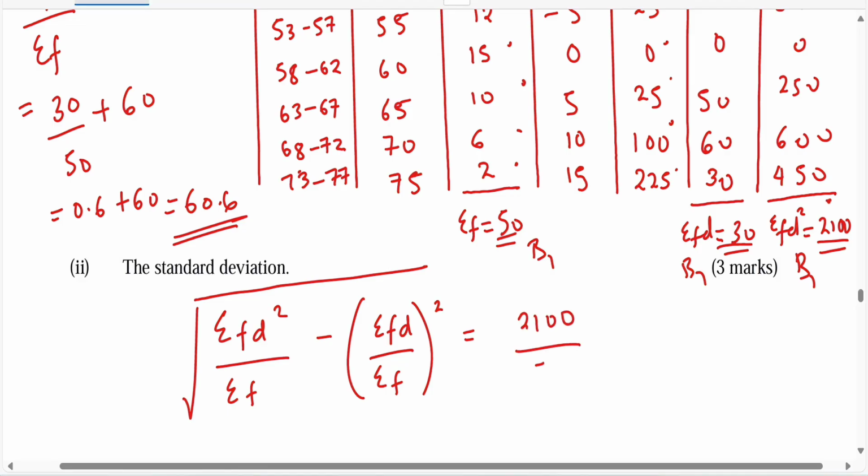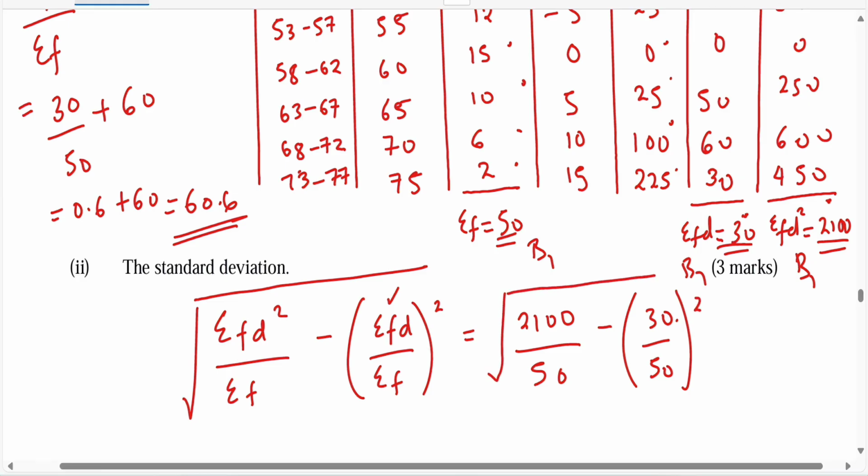Divide by sum of F, which we also have, it is 50. Then minus, remember, sum of FD is not sum of FD squared. Sum of FD itself is 30. So 30 divided by sum of F, which is 50, but remember all this is squared.